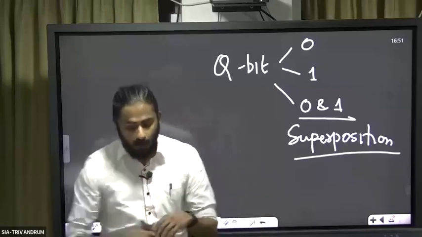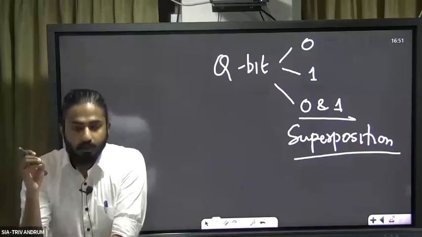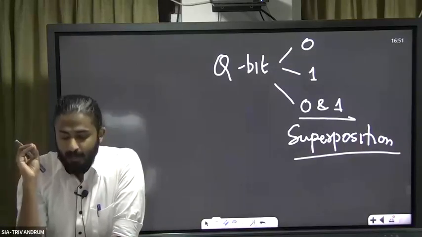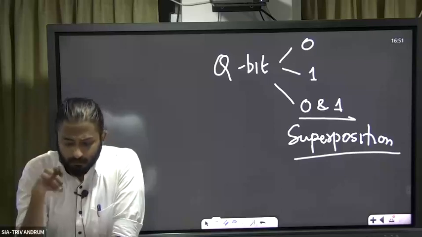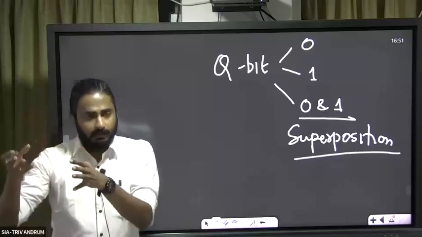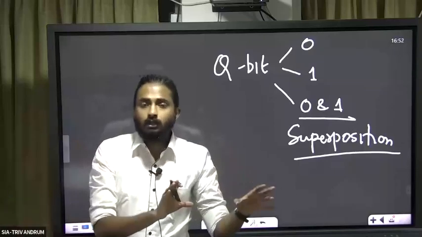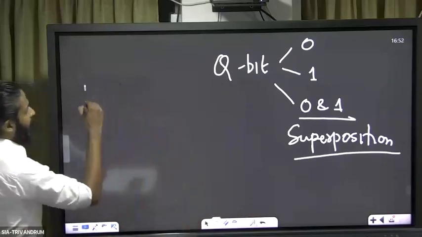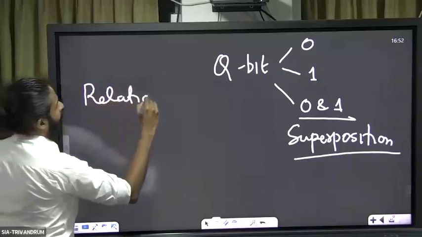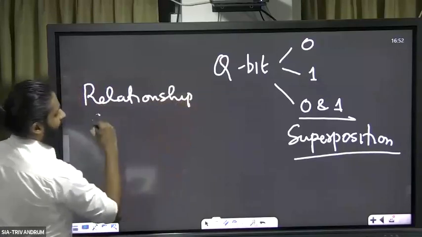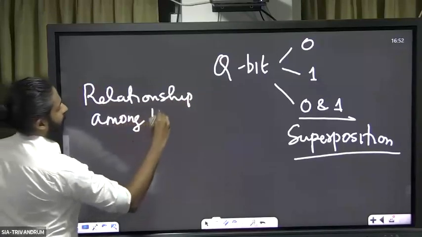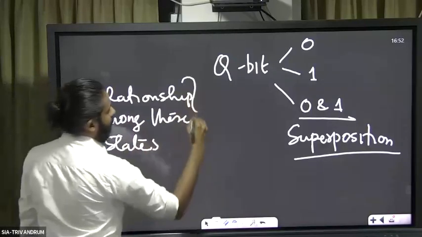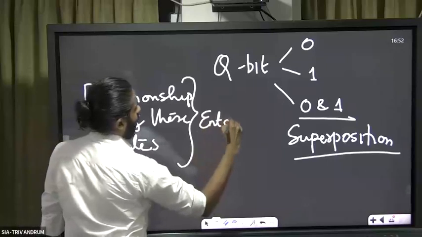But in quantum computers, it can be both 0 and 1 simultaneously. This is called superposition. So it can be either 0 or 1 or 0 and 1. It can hold any of these positions. And the relationship among these states is called entanglement.